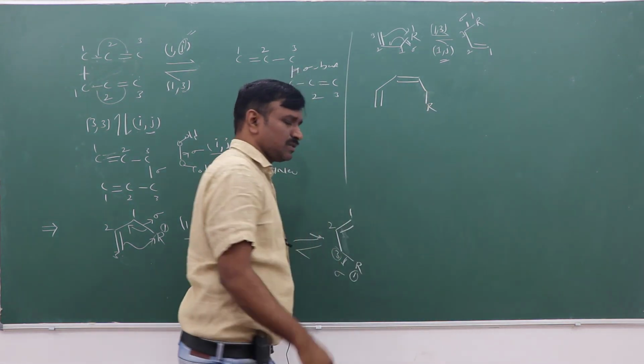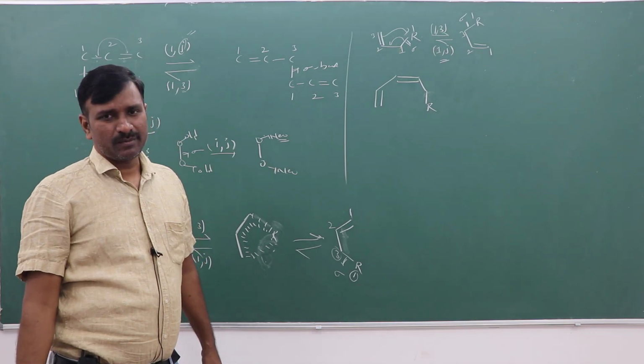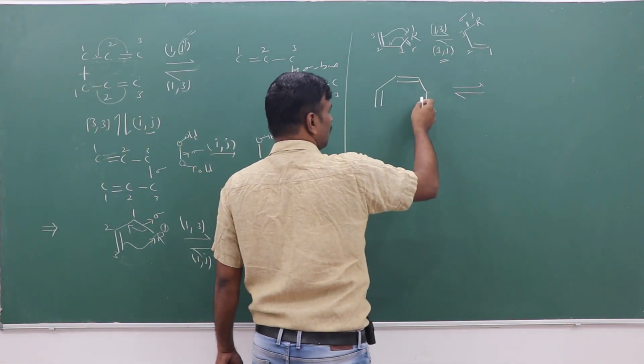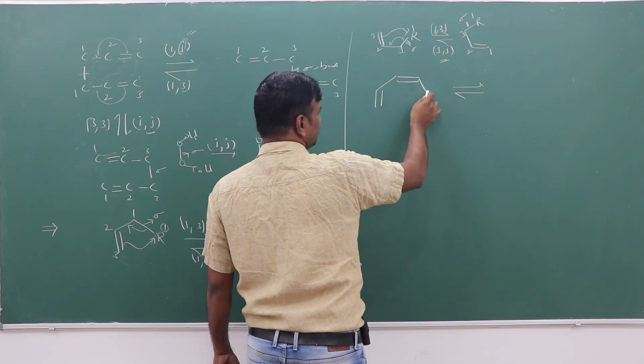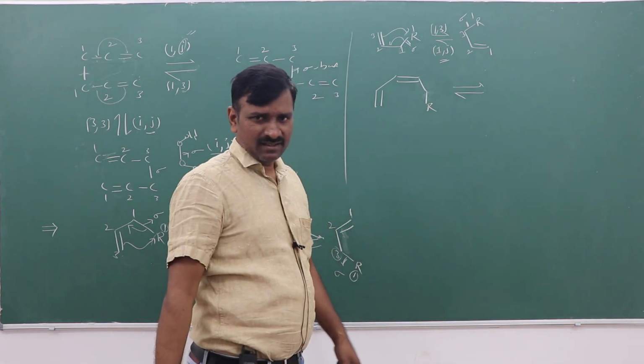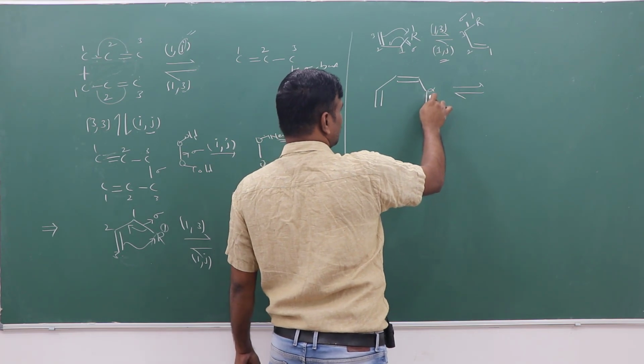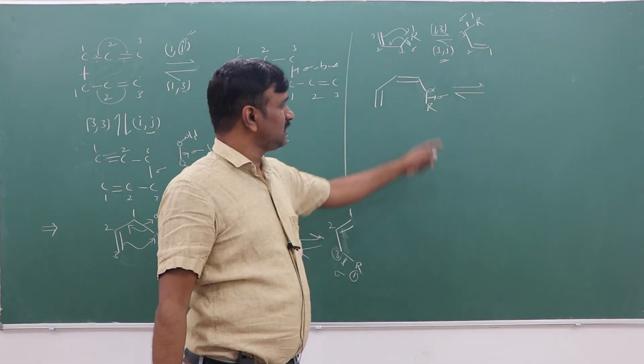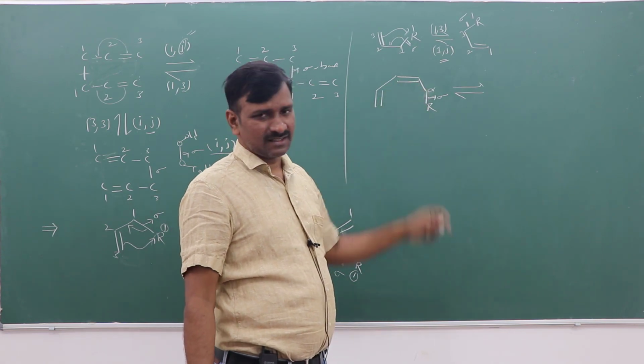Suppose this is the molecule. In this molecule, with respect to the unsaturation, this is the saturated sp3 position. There is an alpha position, and the sigma bond attached to that alpha position is considered the migrating sigma bond. This is a saturated position adjacent to the unsaturation.